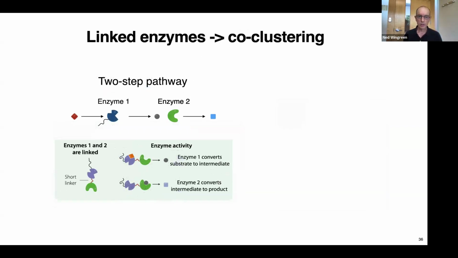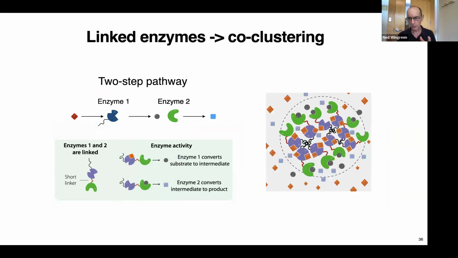So you can imagine doing this with a 2-step pathway. In principle, the second enzyme could also be allosterically regulated, but we want to do something simpler for this purpose. We just want to make sure that wherever you have enzyme 1 clustering, you have the right number of enzyme 2. So we're going to just attach them with a short linker. So we're going to imagine that they naturally have to go together because they're engineered as one giant polypeptide.